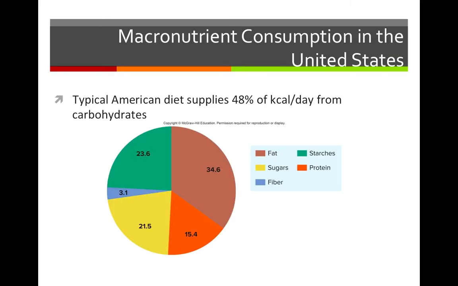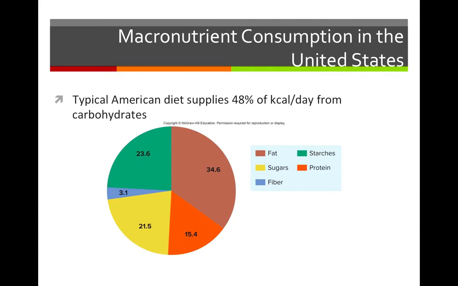When it comes to carbohydrates, what does the typical American consume per day? On average, Americans consume 48% of their kilocalories from carbohydrates. The Dietary Guidelines for Americans recommends that 45 to 65% of your total calories come from carbs. So for example, if you eat approximately 2,000 calories a day, between 900 and 1300 calories should be derived from carbohydrates.